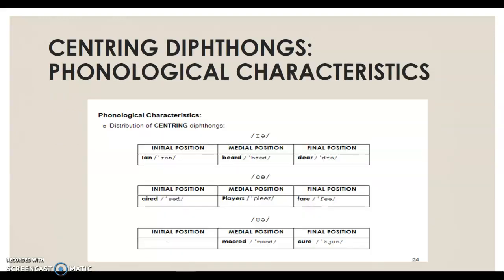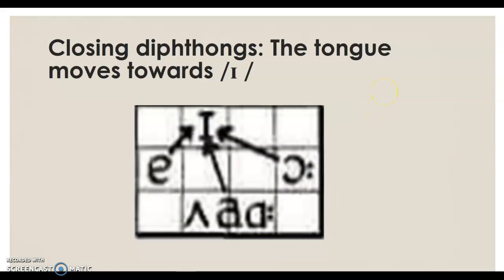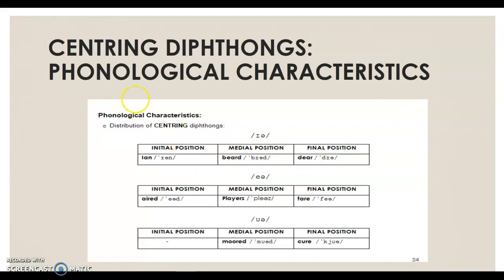When paying attention to the phonological characteristics of these diphthongs, we're going to see that in the case of ɪə, we can find this diphthong in initial position in a syllable, like in the case of Ian, in medial position in a syllable, like in the case of beard, and in final position in a syllable, like in the case of dia.